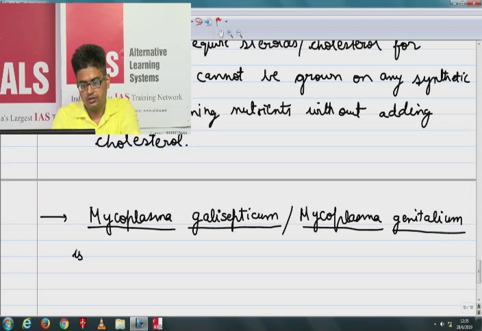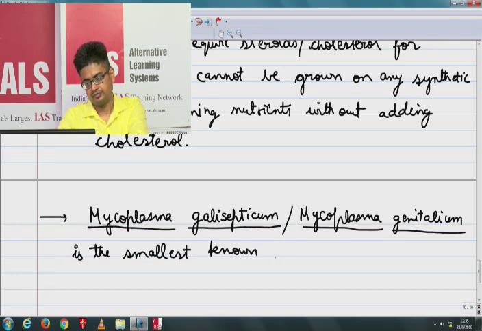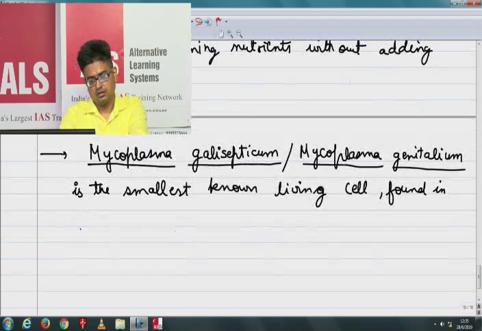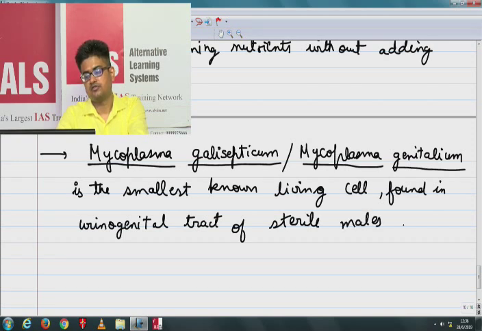It is the smallest known living cell in all of the kingdoms. Found in the urinogenital tract of sterile males with infection.